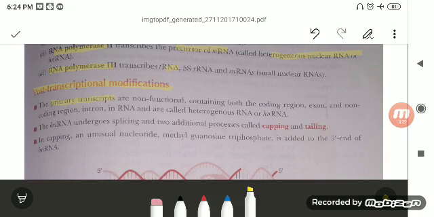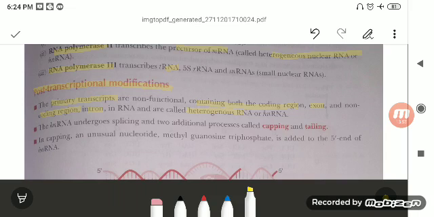The primary transcripts are non-functional, containing both the coding region, the exon, and the non-coding region, the intron. Such RNA is known as the heterogeneous RNA, and to make it functional we have to go for the processing of mRNA, which is not in the prokaryotes, because in the prokaryotes they do not have any sequences of coding and non-coding.